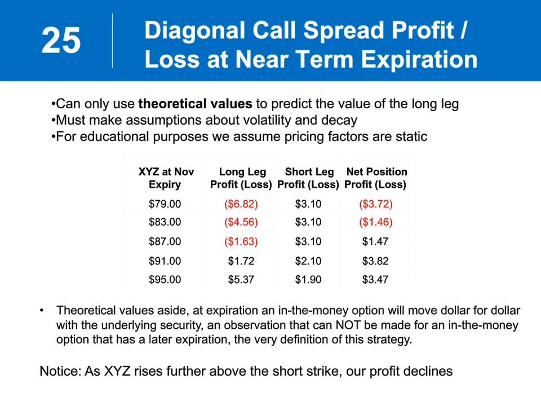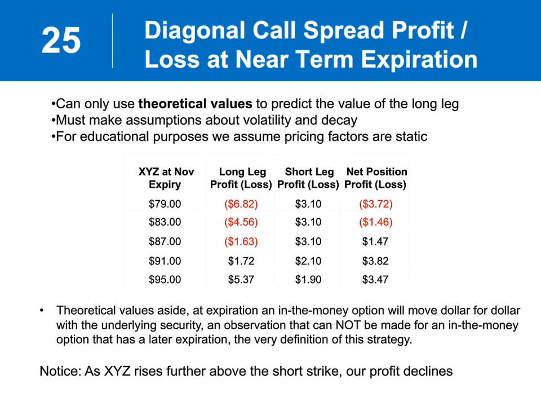This next example is with the stock unchanged at expiration, $87 a share. World famous XYZ hasn't moved since we put the trade on. What we have seen is the long leg, our buy side, has lost about $1.63. The short leg, or the sale of the $90 call, again, that's going to finish out of the money and worthless.